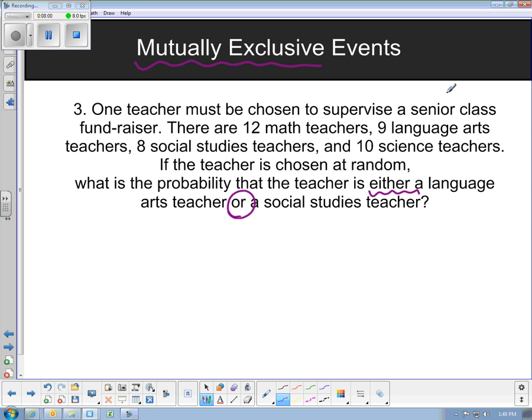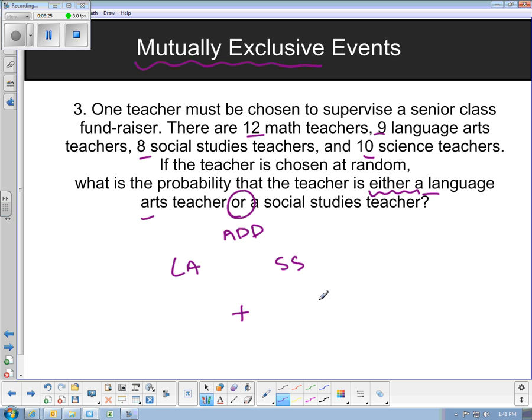But now we're also looking at either or, which tells me I want to add my probabilities. So I'm looking for language arts or social studies. Those are the 2 that I want, and I'm going to add the probabilities together. So we need to figure out the probability of language arts and the probability of social studies. Well, I first have to figure out how many teachers there are total. 12, 9, 8, plus 10.